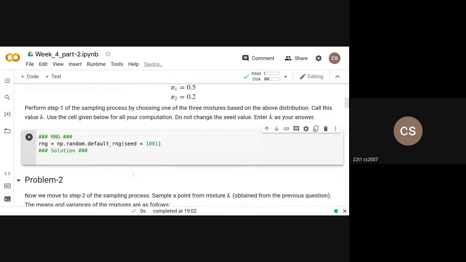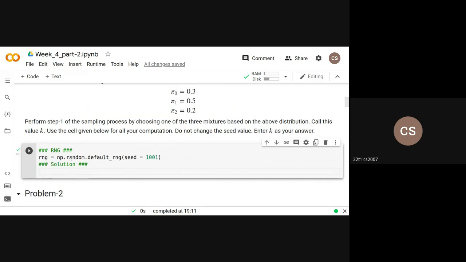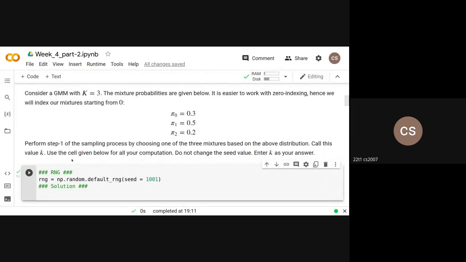So how do we choose a mixture in NumPy? How will I choose a K value with these probabilities? Choice function. Okay, that is correct.